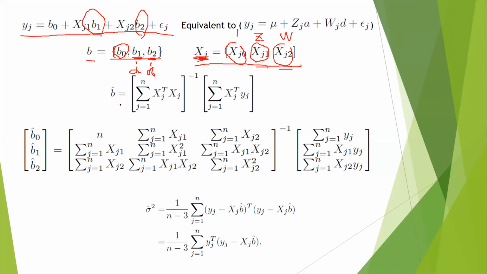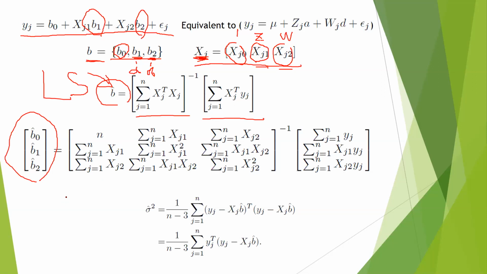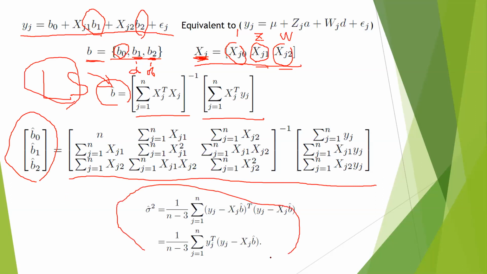And still we use the least square estimation to estimate this beta vector using the matrix notation here. So this is the estimation for the 3 parameters. This is a vector, and this is the matrix notation.